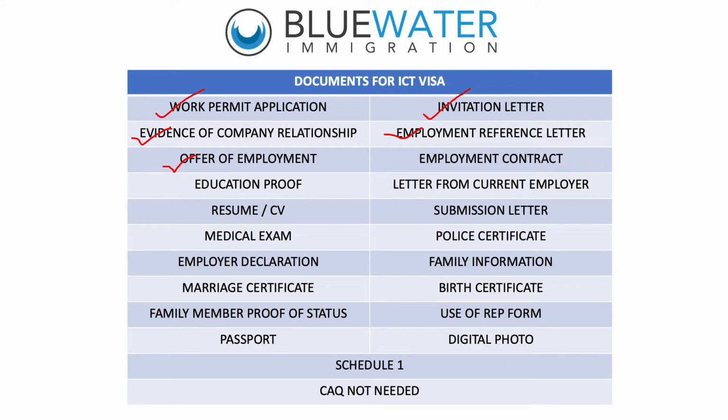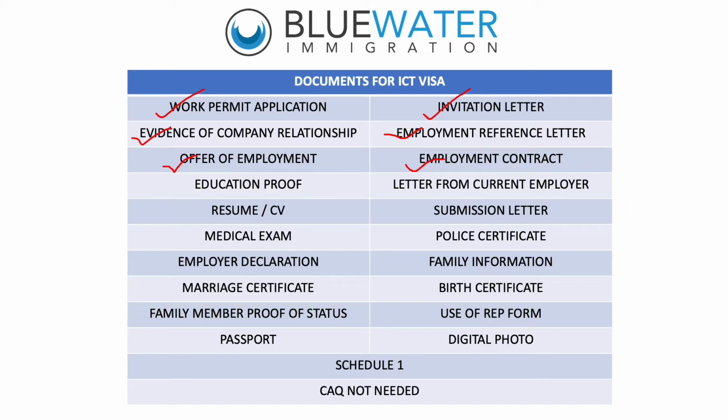The employment contract basically states the different duties and responsibilities of the offer of employment itself. The offer of employment is just like a one-page document that states this is going to be the start date, this is going to be the end date, this is what's going to be your salary, and it's all printed on the letterhead of the company.